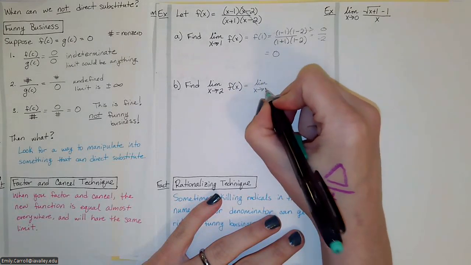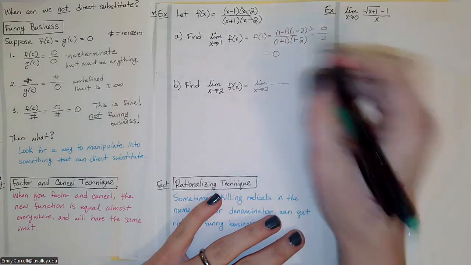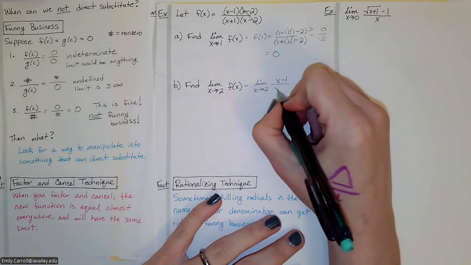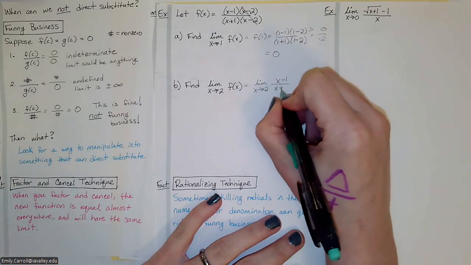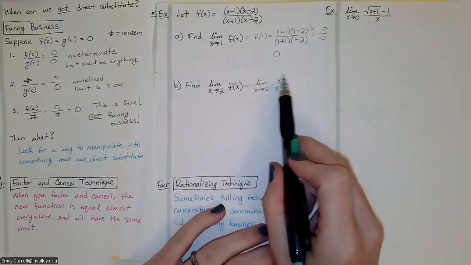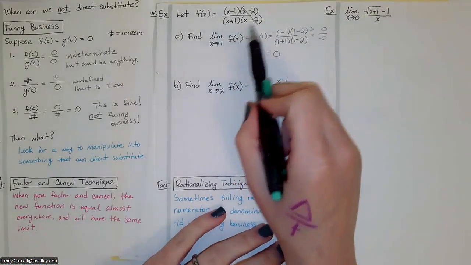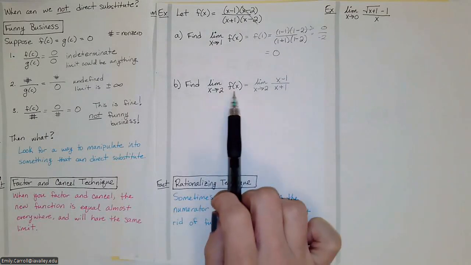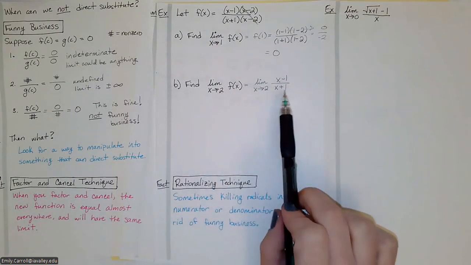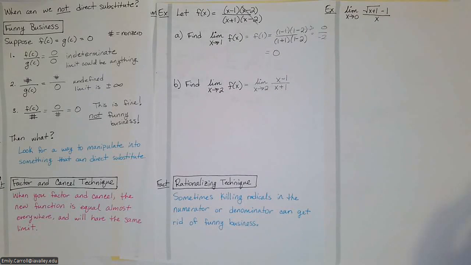So the function f of x is not equal to x minus 1 over x plus 1, right? This is not equal to this, but this limit is equal to this limit. Okay? And now this is something that we can direct substitute into without any funny business.